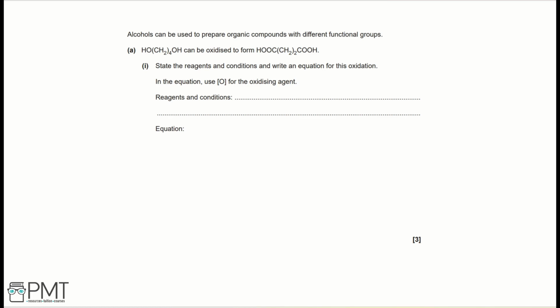So if we start with the reagents and conditions, the first thing we need is an oxidizing agent. If you look on your reaction map for this syllabus, and you look at the reaction going from an alcohol to a carboxylic acid, you'll see an example of an oxidizing agent, which is potassium dichromate, K2Cr2O7.